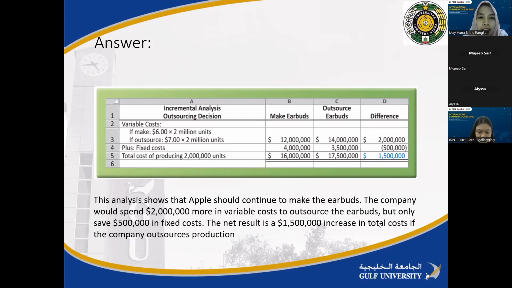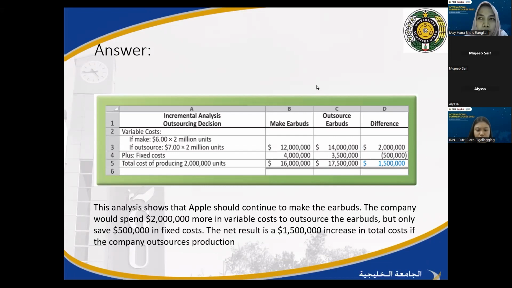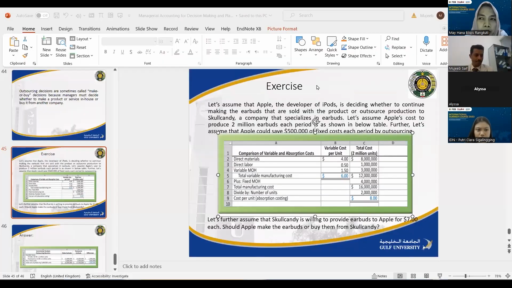We can see the fact that managerial accounting is very important for the manager's opinion to create the best strategy for their business.